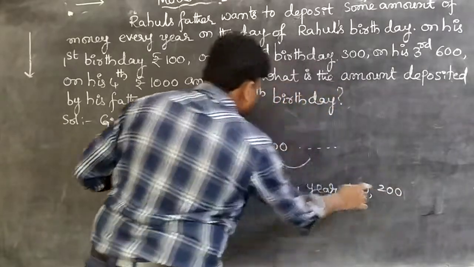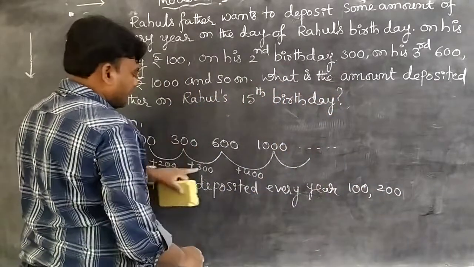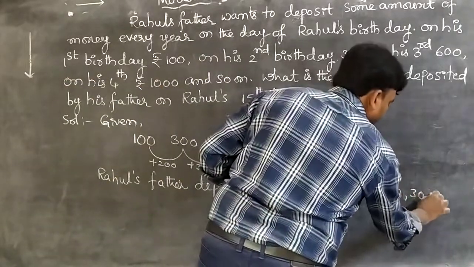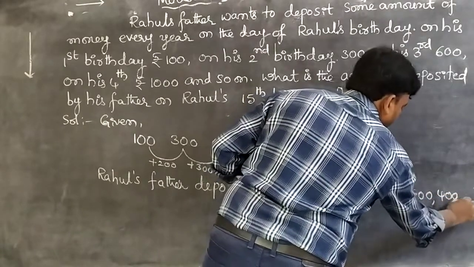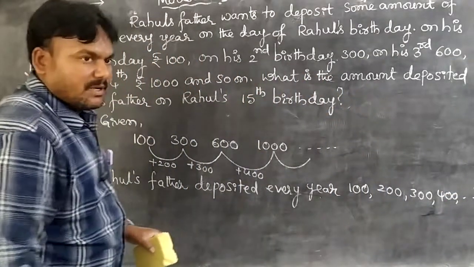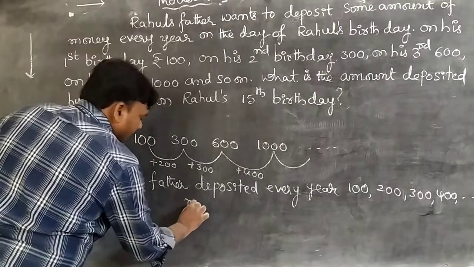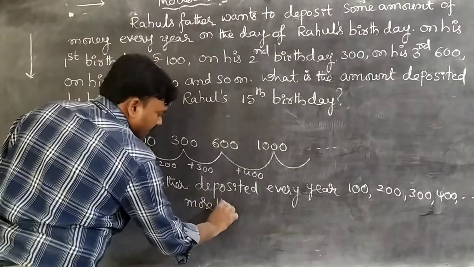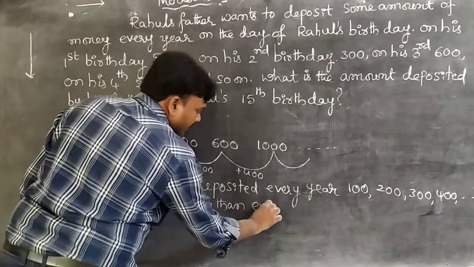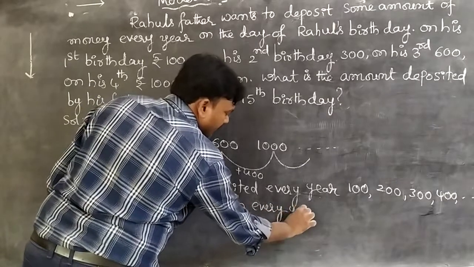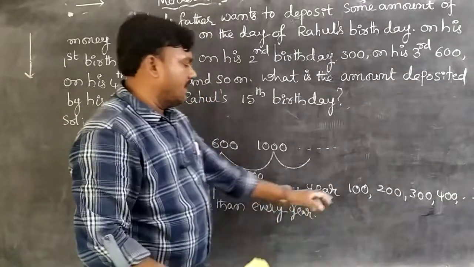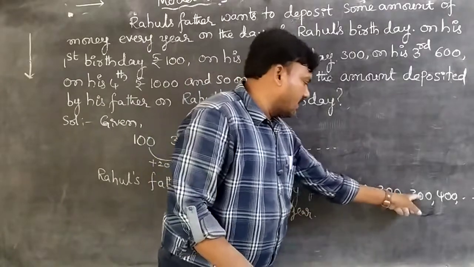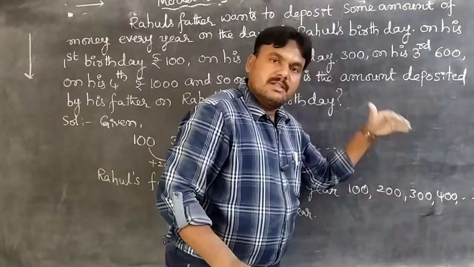So 100 plus 200 becomes 300, like that. Next, what about the third year? 300, and so on, 400, and so on. That means the deposit increases by 100 every year: starting 100, second year 200, third year 300, fourth year 400.